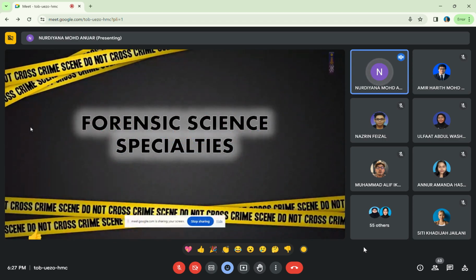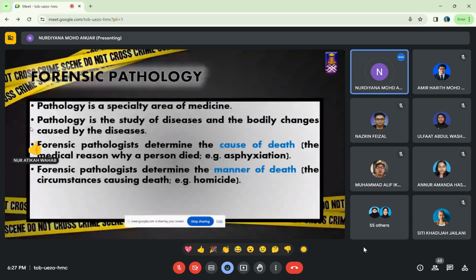Okay, forensic science specialties. So there's different specialties available in the forensic field. The first one, forensic pathologist. I'm sure you guys know pathology is what. So kalau dekat hospital, pathology dia mostly about they determine the disease, they analyze the samples of urine, feces and so on to know the causes of the disease.